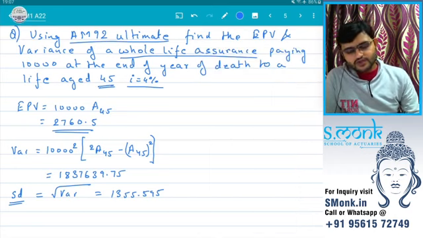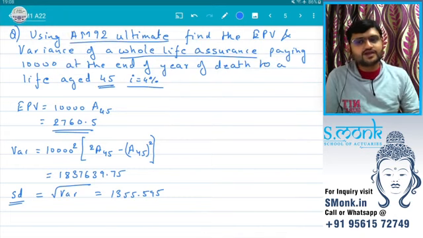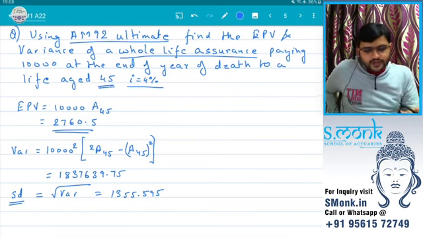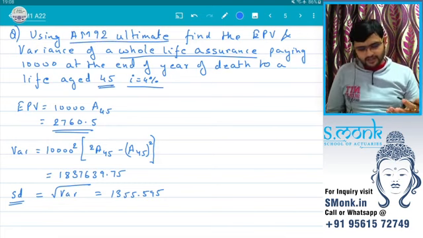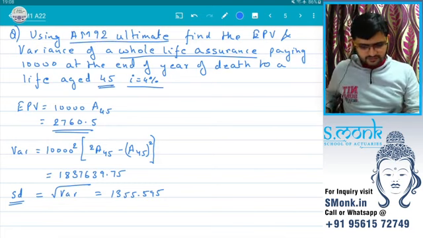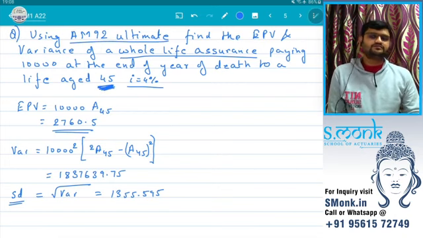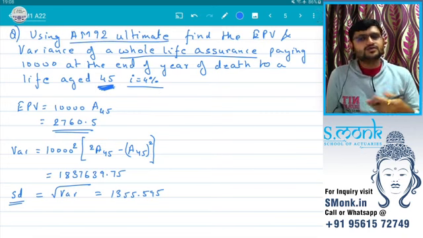Okay. So if the cost per person is lying within that range, we will be happy about it, because we cannot predict if the person would live exactly the number of years that we have predicted, right? Because the person who is age 45 today might die anytime from 0 to infinity.